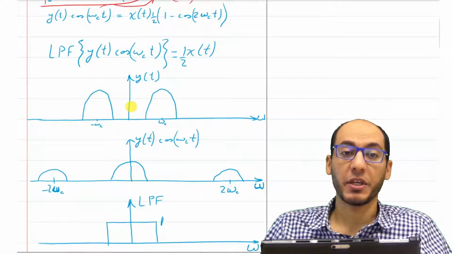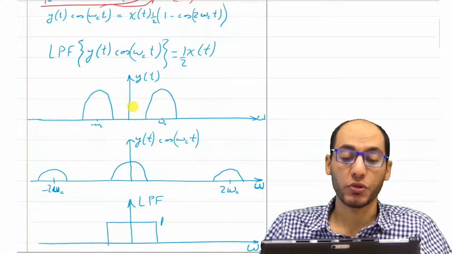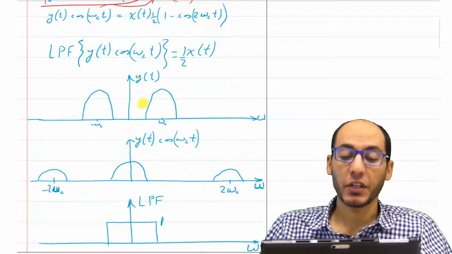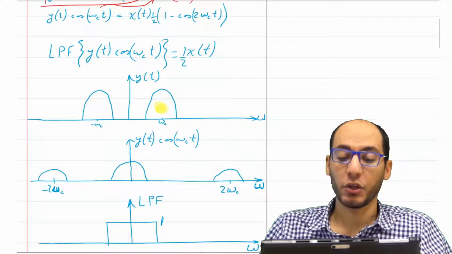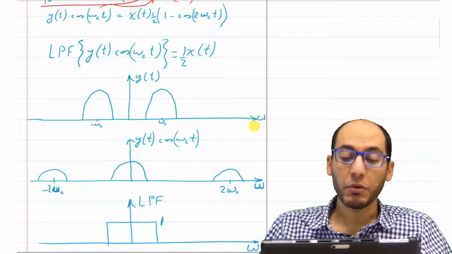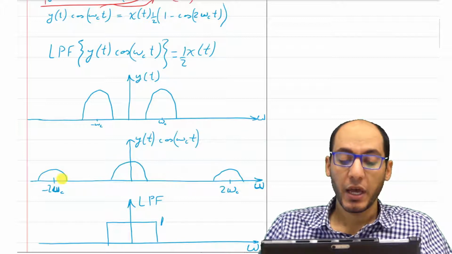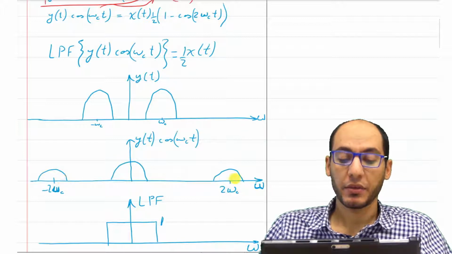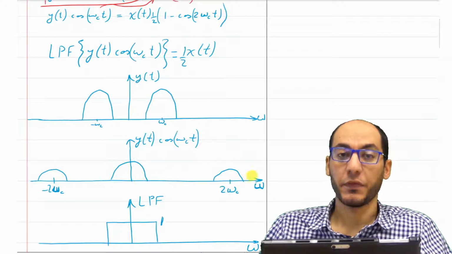You could explain the same steps using plots as well. In the graph in the frequency domain, this is the value of y of t, which is x of t centered at negative omega c and omega c in the omega domain. When I multiply by cosine, I get a replica at 0 and two replicas at twice the carrier frequency.